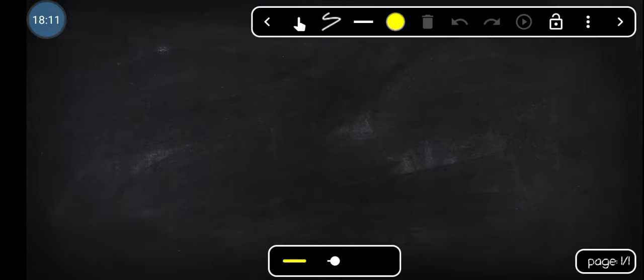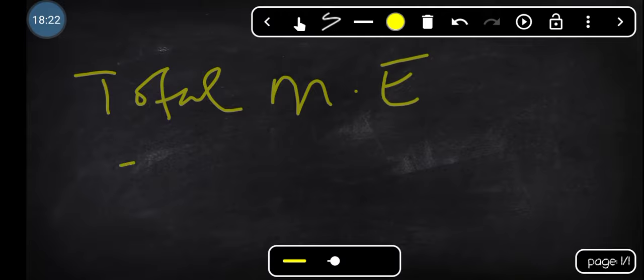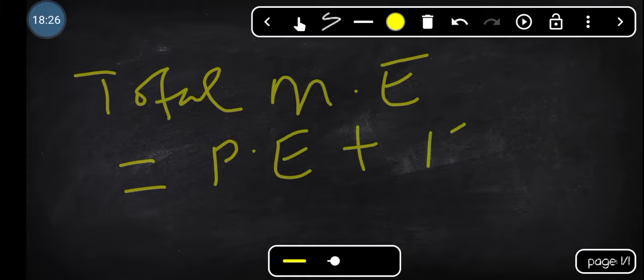Now, total mechanical energy in a body, let's say ME, is equal to the potential energy plus kinetic energy. The total mechanical energy in a body or in a system is equal to potential energy plus kinetic energy.